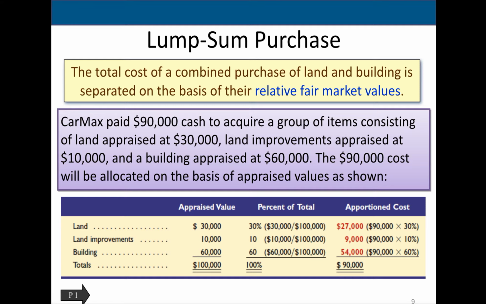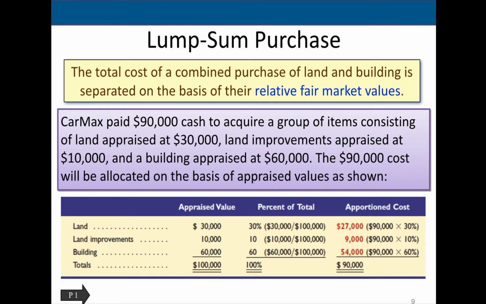Once I have those percentages, remember I got those based on the appraised value, not the actual value that I paid. I take the percentages based on the appraised value, and I multiply each percentage times the actual amount I paid. So 30% times the 90,000, 10% times the 90,000, 60% times the 90,000.